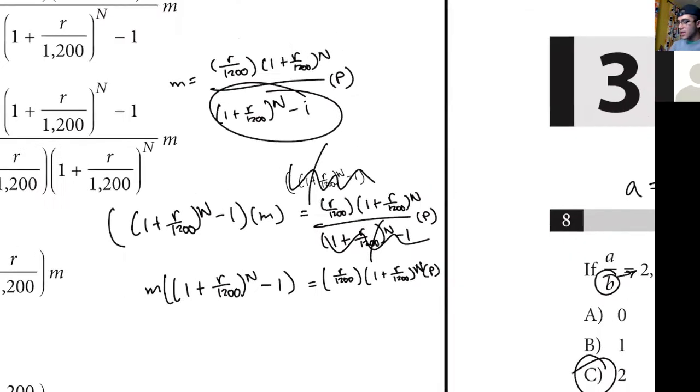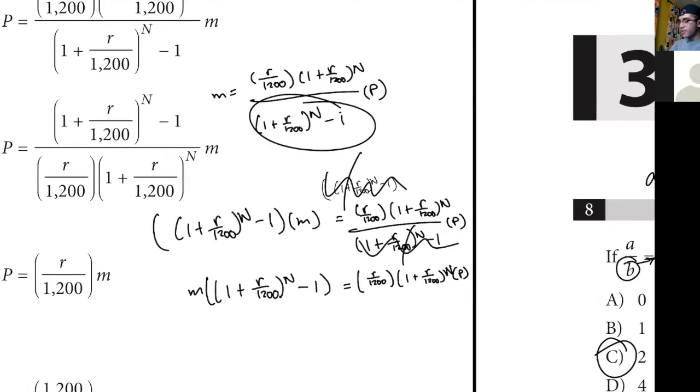Do you see how I moved this variable so that they cancel out on both sides? So do I have you there? All right, great.